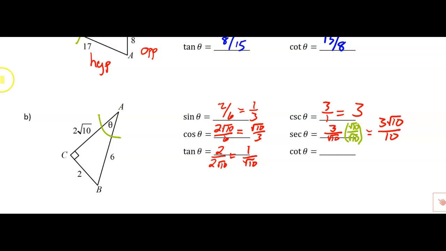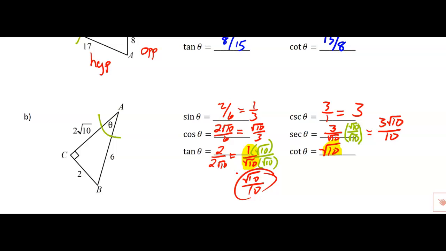I would choose this version to flip because 1 over root 10 flipped becomes just root 10. So there's my reciprocal. Because I need to rationalize that, I multiply and I get square root of 10 over 10.